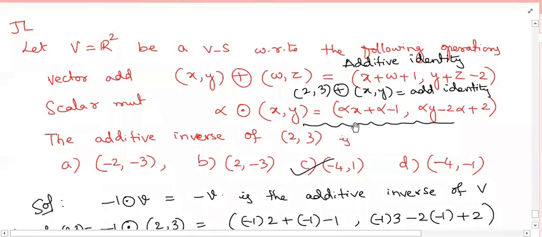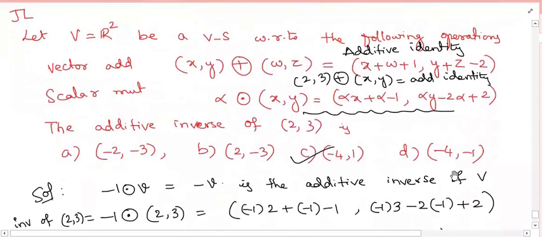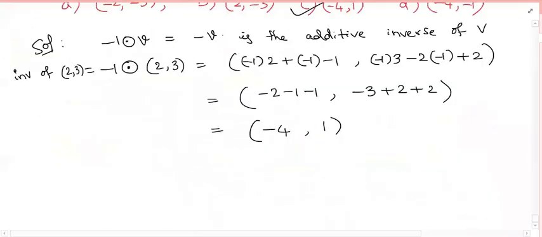Okay. So if you use the other method, we can also do that. First we will find the identity, the additive identity. The zero vector we have to find.